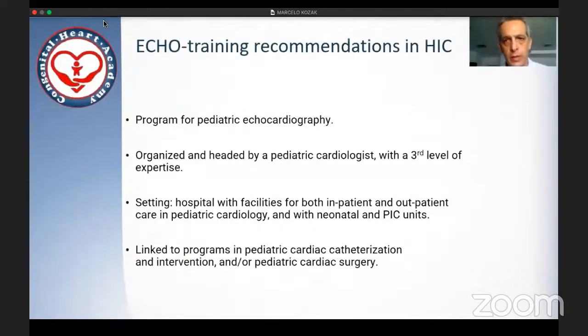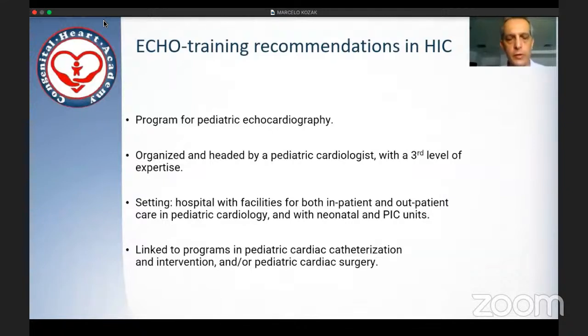The echo training recommendations in high-income countries are very well written. The programs are designed for pediatric echocardiography. They are organized and headed by a pediatric cardiologist in a hospital with facilities for both inpatient and outpatient care in pediatric cardiology, and with neonatal and PICU units.